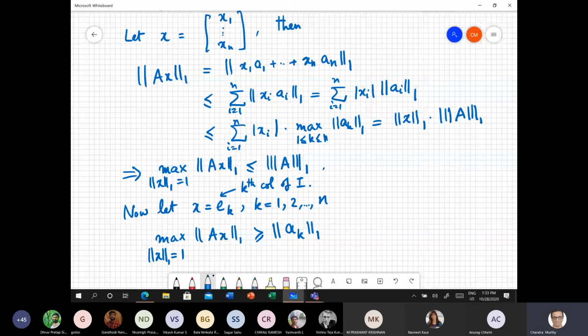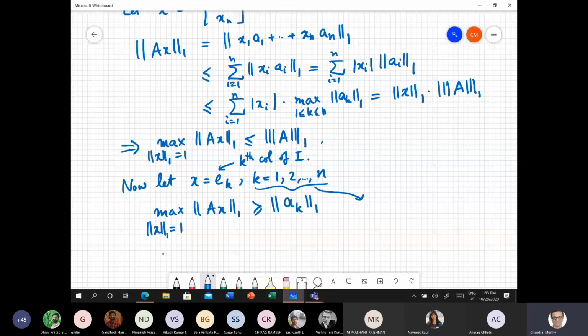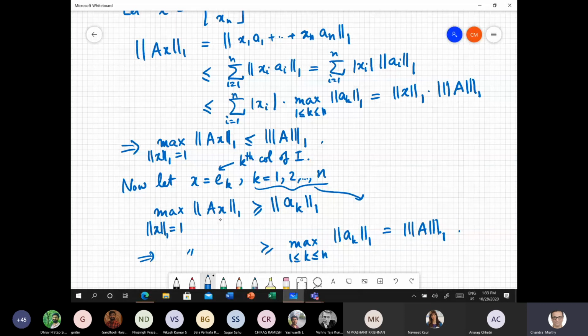And this is true for all k equal to 1, 2 up to n, which implies that this maximum is greater than or equal to the max over 1 less than or equal to k less than or equal to n of the L1 norm of ak, which by definition is the matrix norm of A. So I have shown that this max is less than or equal to the norm of A L1. I've also shown that this max is greater than or equal to the norm of A L1.